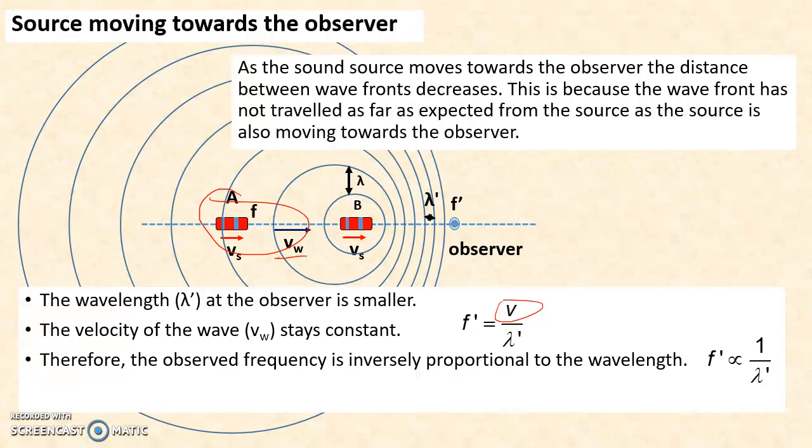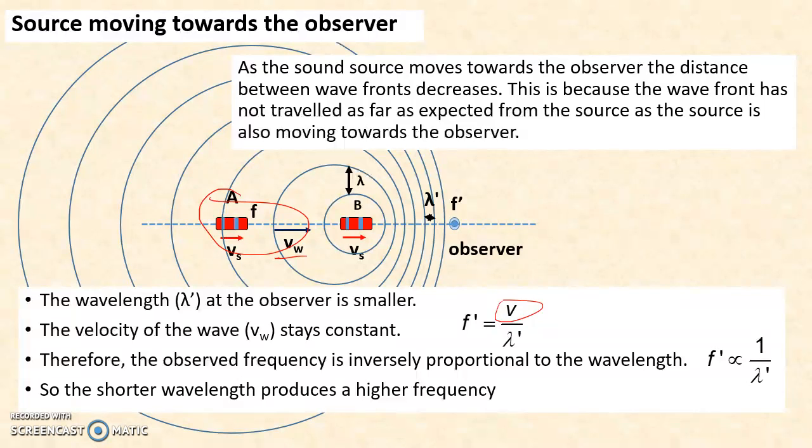The waves have been squashed up as they go towards the observer. So the frequency that the observer is going to hear is a higher frequency. As a source moves towards an observer, the wavelengths get smaller because the wavefronts get squashed up, and because wavelength is inversely proportional to frequency, the frequency heard is higher.